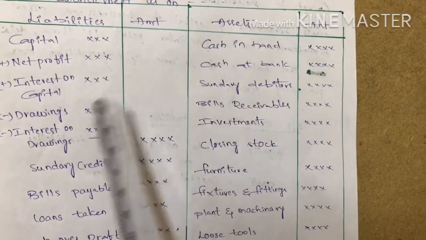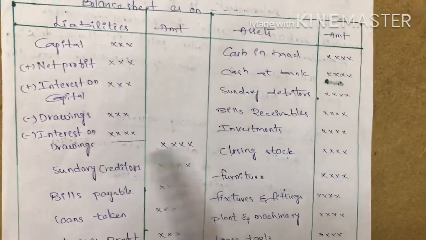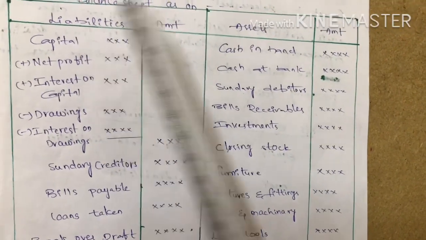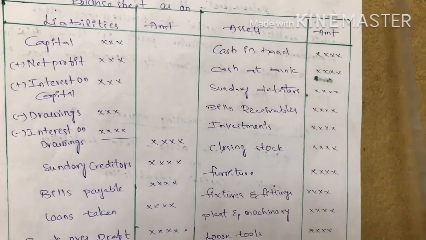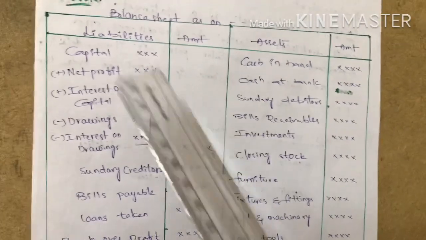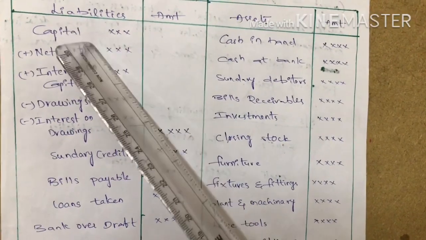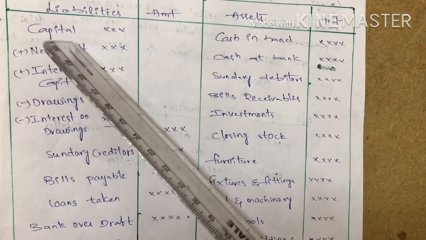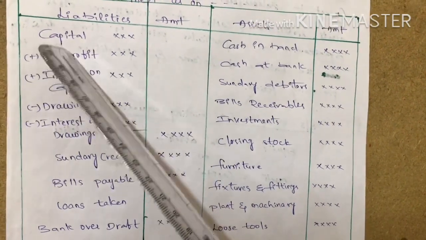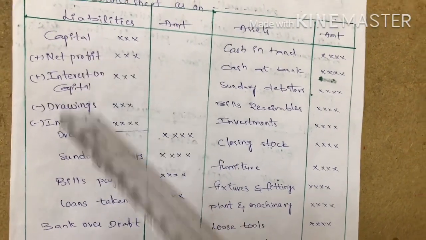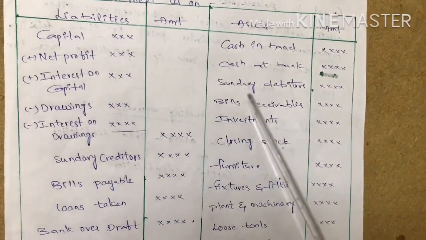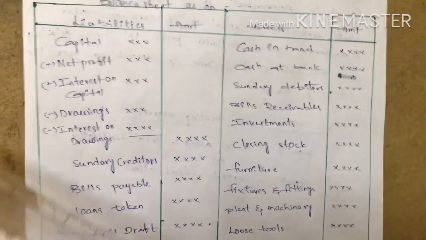You compare the incomes and expenditures here. So liabilities and capital are added, capital plus liabilities, and all these are added to find out the assets.